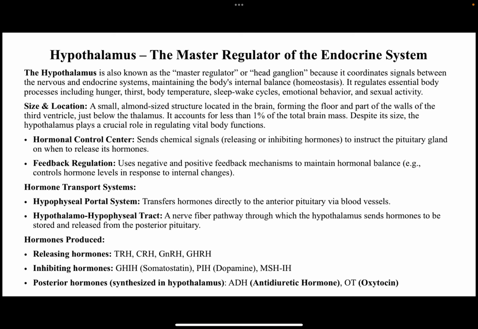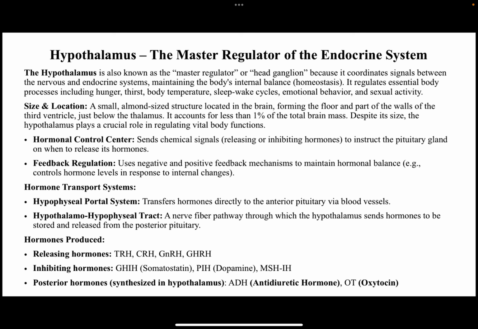The posterior pituitary gland does not produce hormones. There are two hormones that are produced by the hypothalamus, which are stored in the posterior pituitary. So we have two transport systems connecting the hypothalamus to the pituitary gland.